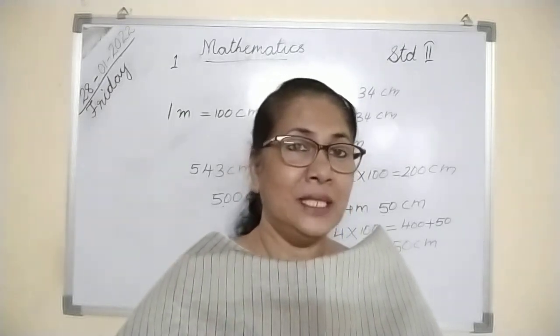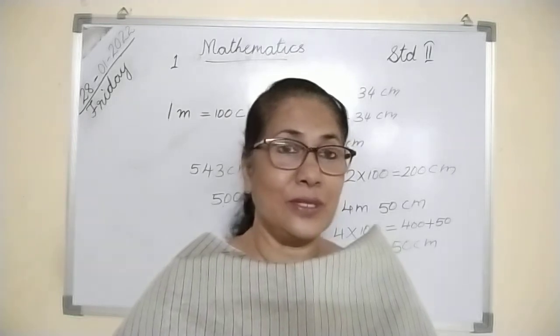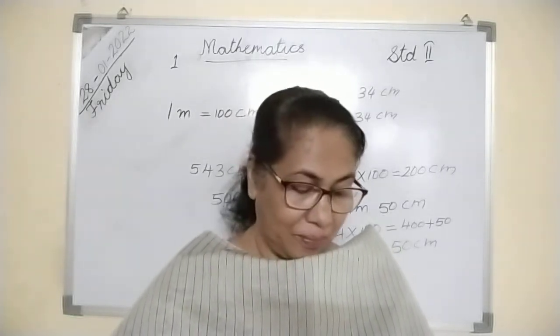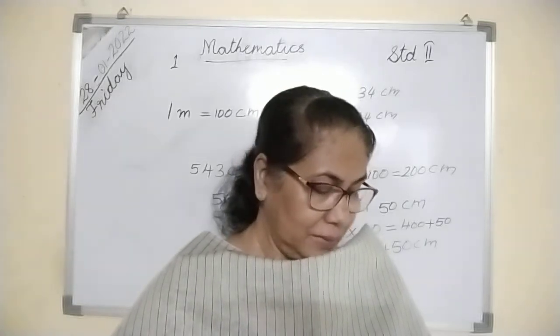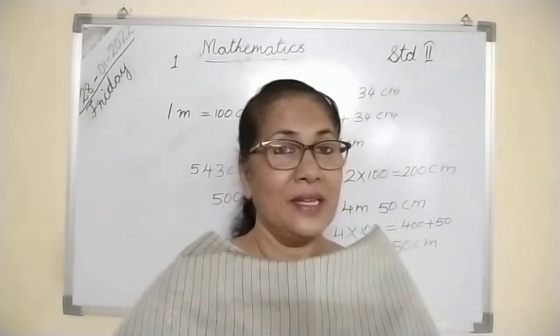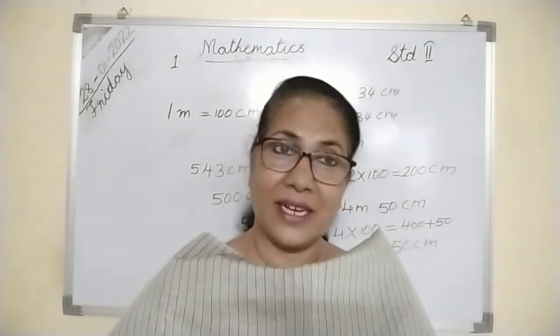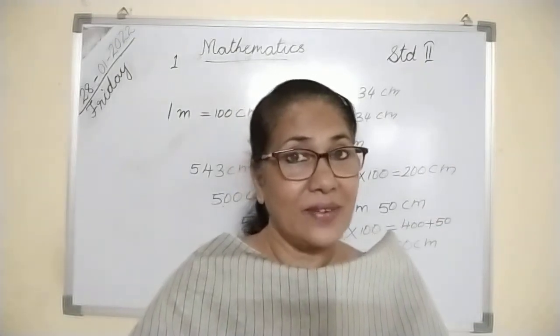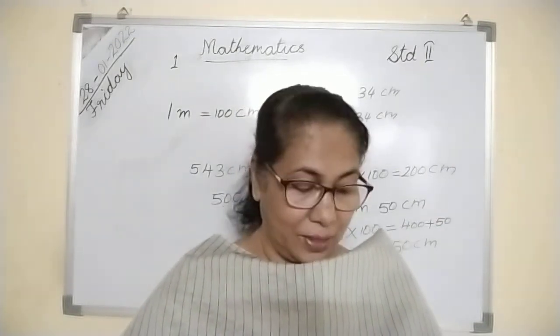Making meters into centimeters and then adding the centimeters. Okay. Next one. 7 meters and 70 centimeters. 7 into 100 is 700 plus 70, 770 centimeters. You have to write that, okay?